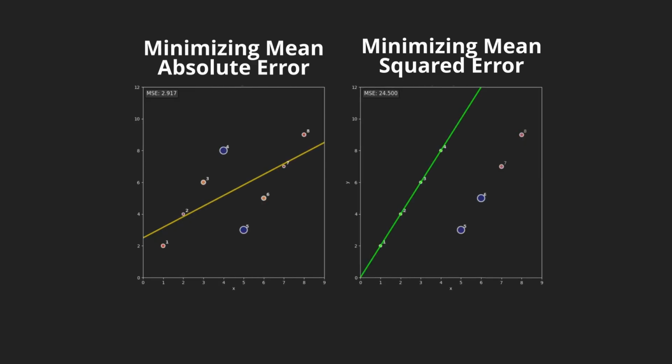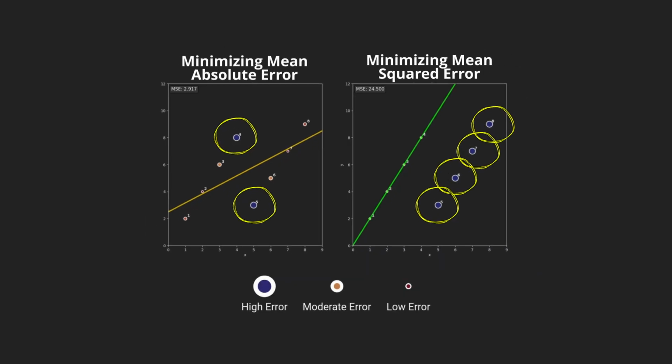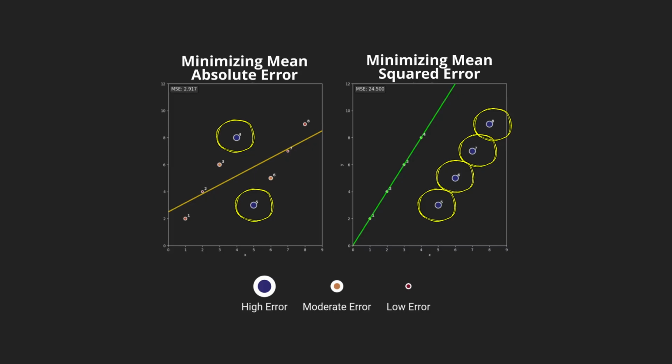It's willing to be slightly wrong in lots of places if that helps it to avoid being terribly wrong at any one place. You can picture it as drawing a line or a plane or a hyperplane through the data that is safe overall rather than perfect for just a few points and then terrible for some other points.